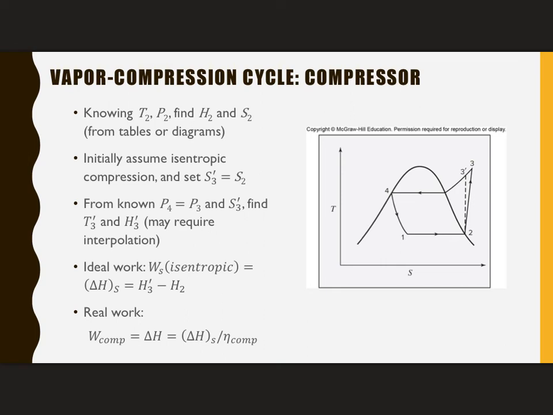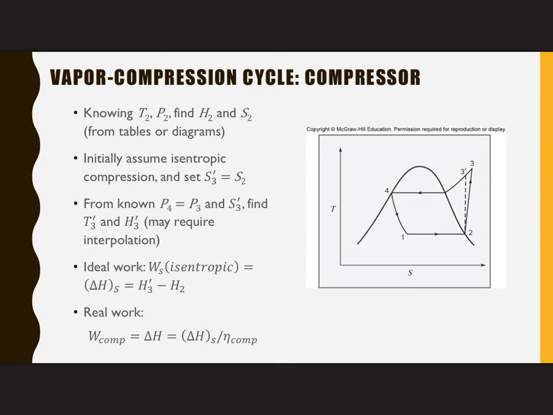To do the calculations, the compressor is probably the most complex calculation that you have to do, because you start by doing it based on the isentropic form of the equation. And then we'll use the process efficiency for the compressor to estimate what's going to happen for the actual state 3.